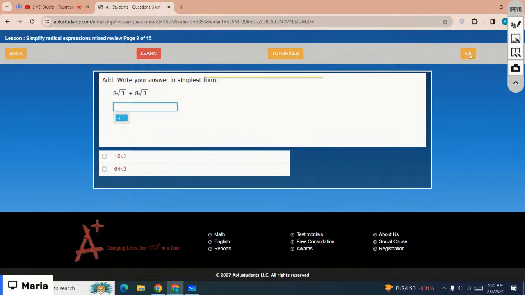Next, 8 square root 3 plus 8 square root 3, which is the correct option? Yes, the correct option is 16 square root 3. Option number 1 is the correct option, right?